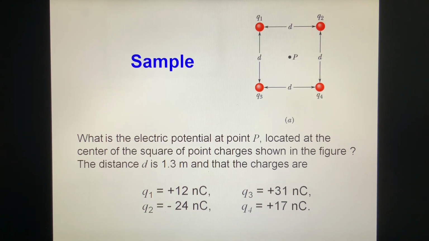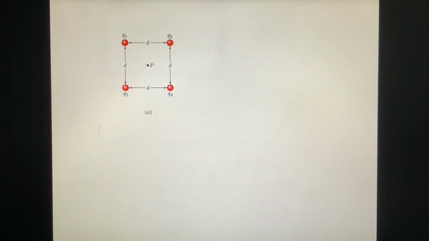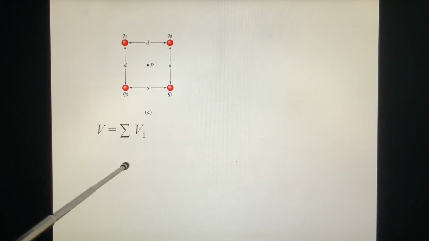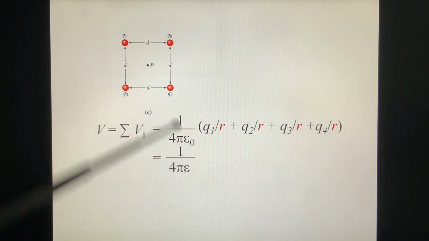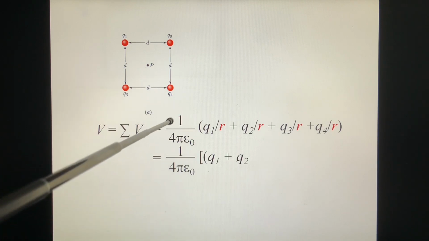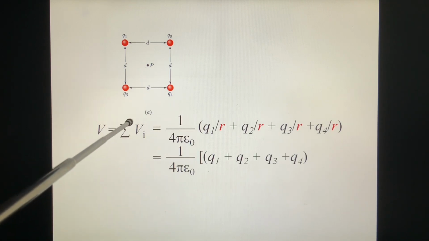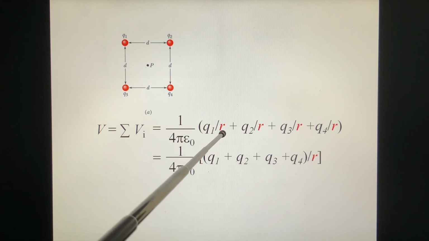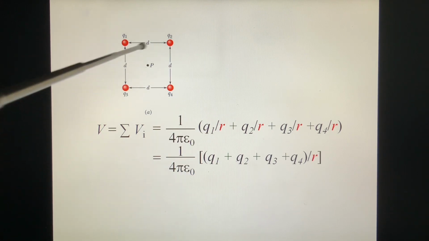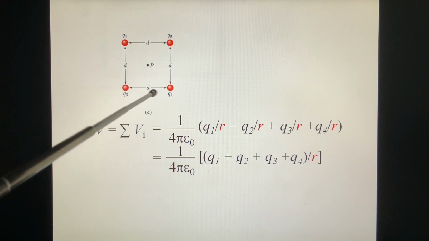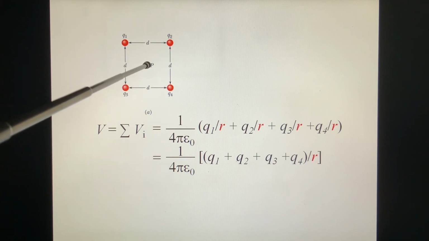This is a very simple question. V equals sum of Vi. We take out the common factor 1 over 4 pi epsilon because the distances of the 4 charges to P are the same.